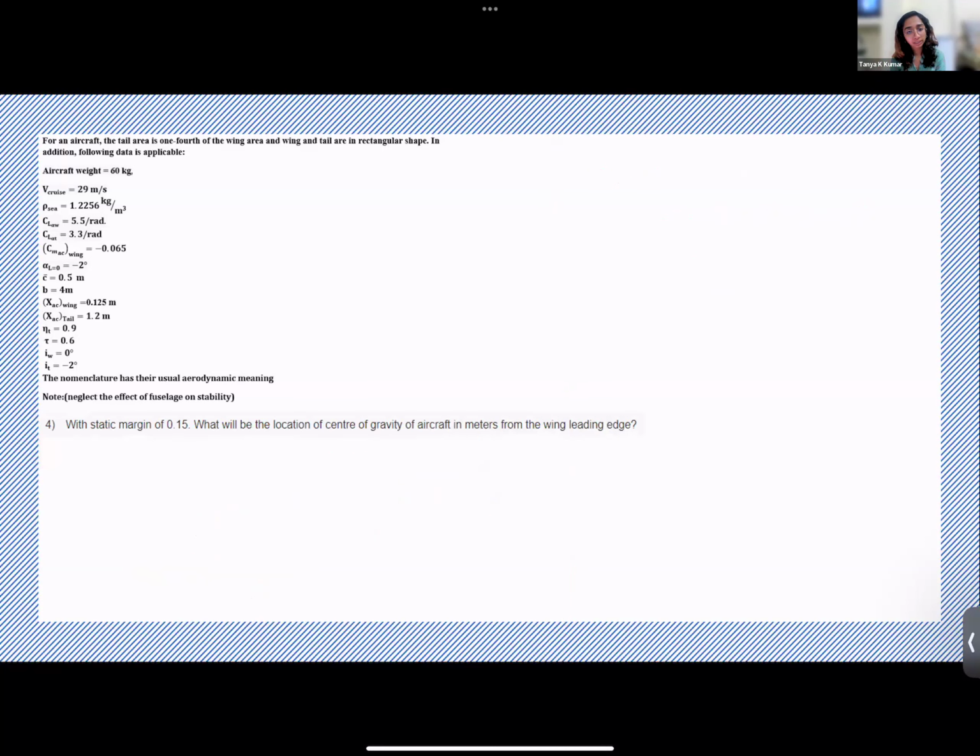With the same static margin of 0.15, what will be the location of the center of gravity of the aircraft in meters from the wing leading edge? How will you do this? Static margin is the same, right? You write down static margin is x bar NP minus x bar CG, and they've asked you to find out CG. X bar NP you have, static margin you have.